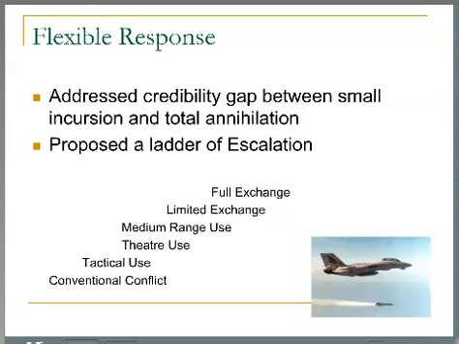And the argument was probably not. And that led to a credibility gap, because deterrence doesn't work unless the other side believes that the costs of war will be unacceptable. And so in the 1980s, under the Reagan administration, the U.S. doctrine shifted from a pure MAD to a flexible response.